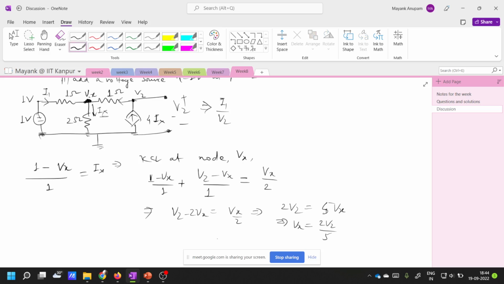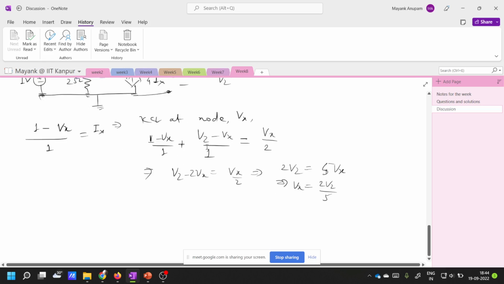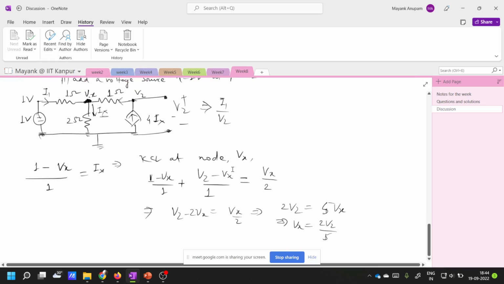Am I right? There is no calculation mistake, right? 2V2 is equal to 4Vx plus Vx, which is 5Vx. Yeah, there is no calculation mistake. This is the first equation, right? From here you get a relation between Vx and V2 like this.